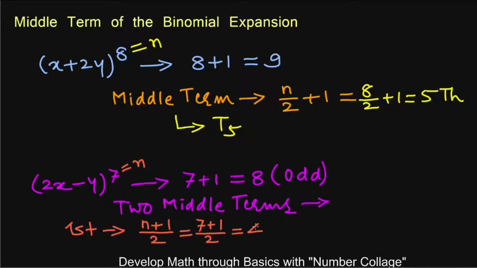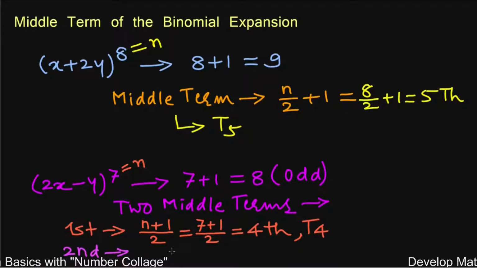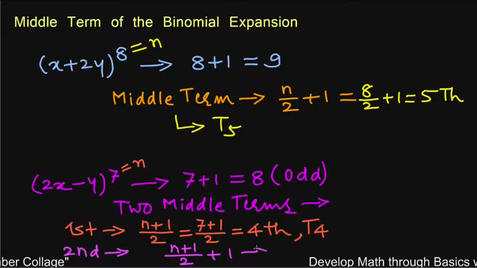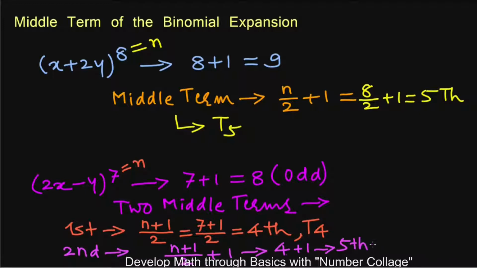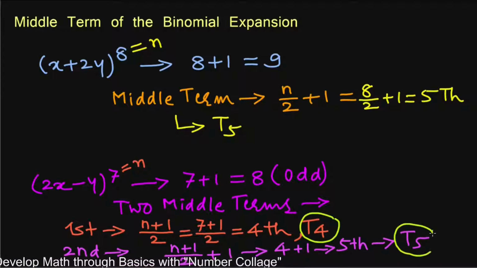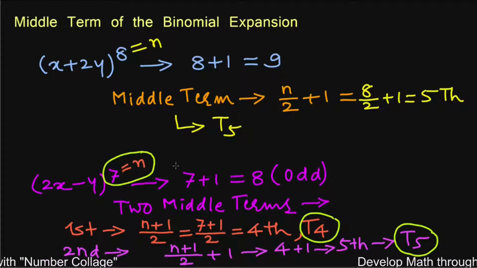That will be the fourth term, t4, and the second middle term will be (n plus 1) by 2 plus 1, that will be 4 plus 1, that is the fifth term, that is t5. So t4 and t5 will be the two middle terms when the index is an odd number like 7.